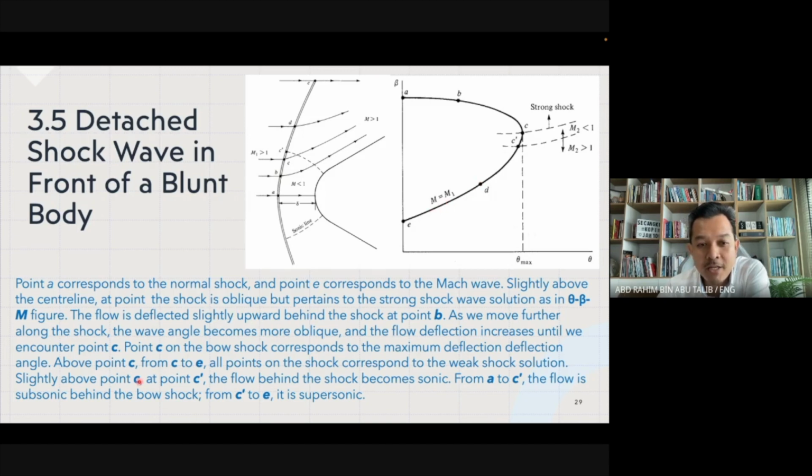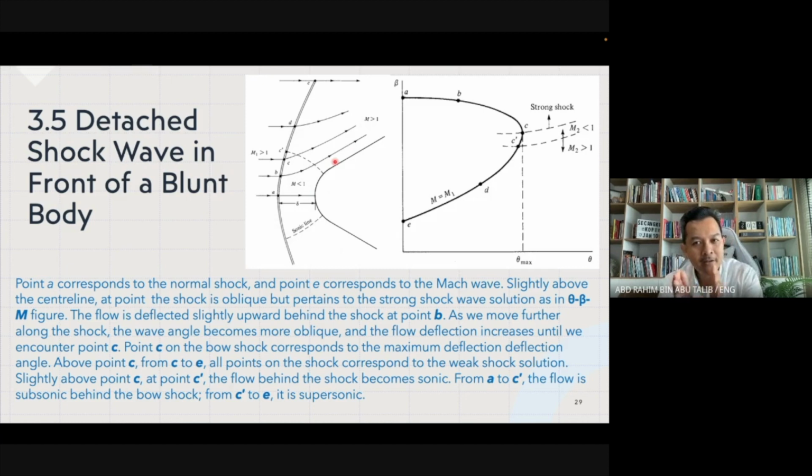Slightly above C, at C prime, the flow behind the shock becomes sonic. Below this sonic line the Mach number is less than 1, and above it, it is more than 1.